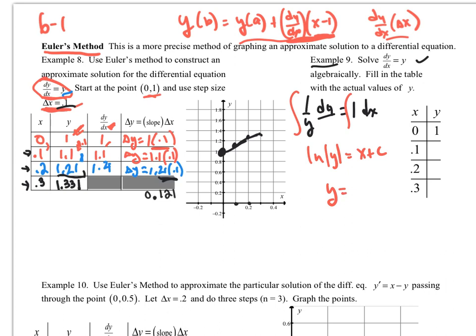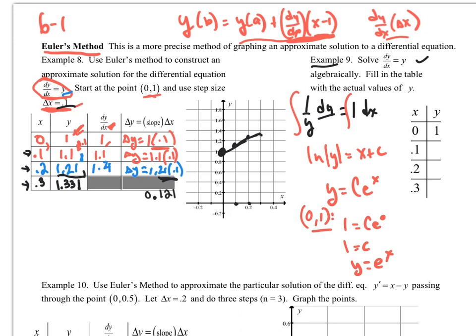And we know the routine here. This is going to be c e to the x. And so if I solve this for my particular solution, I'm at 0, 1. So when I plug that in, 1 is equal to c e to the 0. So c is equal to 1. So we just get y equals e to the x.